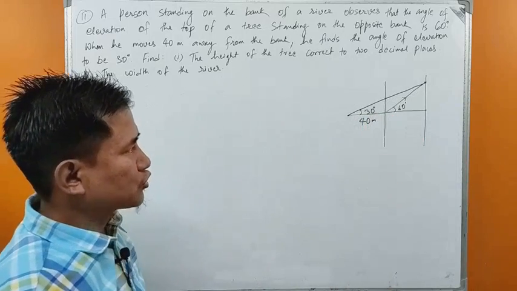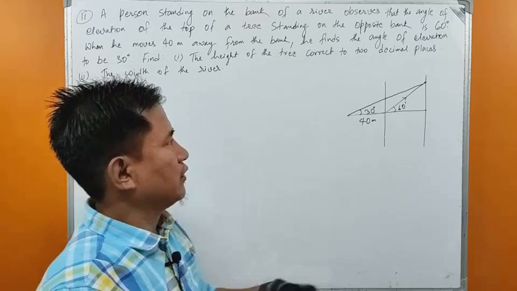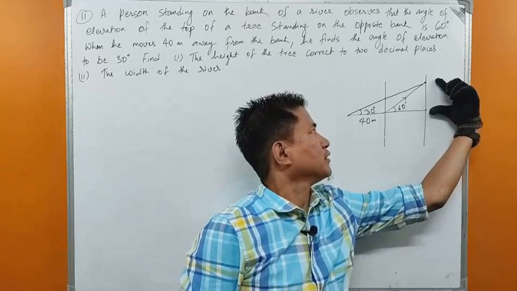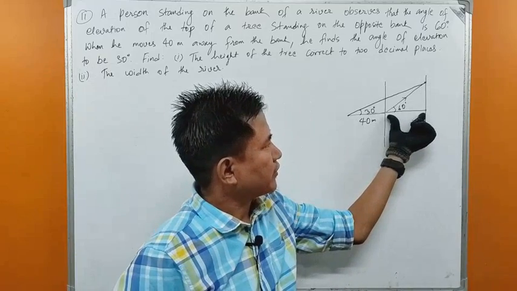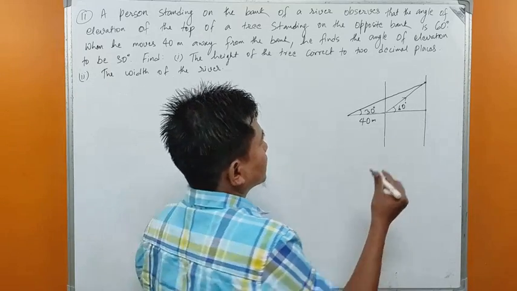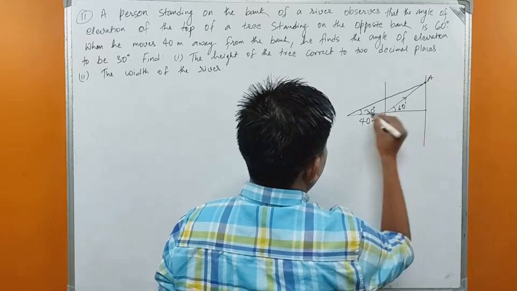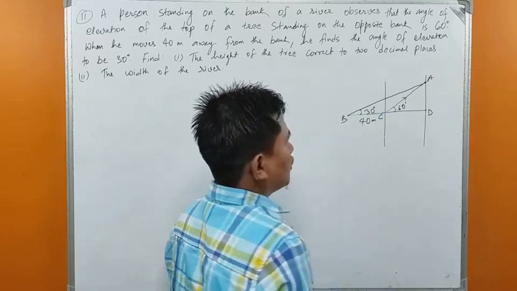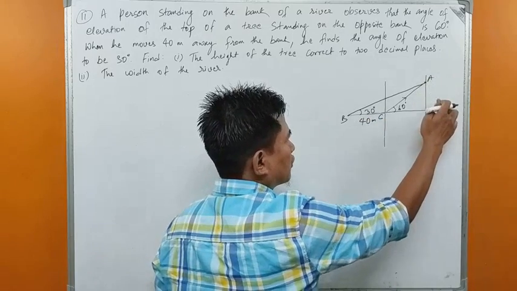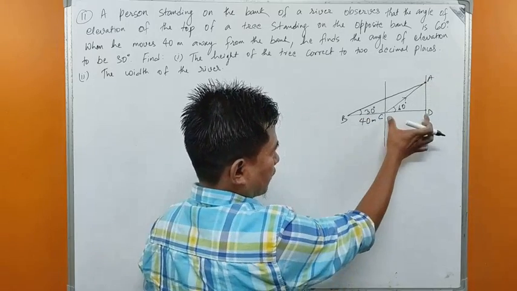Now we are asked to find, number 1, the height of the coconut tree, this height, isn't it? And number 2, the width of the river, this. Okay, so let us assume this is A, this is B, this is C, and this is D. We are asked to find the height of the coconut tree AD and the width of the river CD.